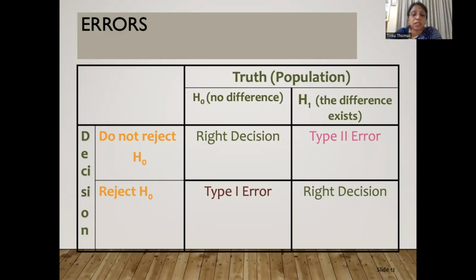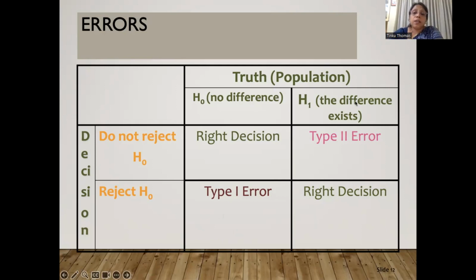And therefore, it appears as though they are very different, but in fact, they are not different. In this case, we are committing the type 1 error. The type 1 error is when in truth they are the same, but we are concluding by just examining the data that they are different. And that is a type 1 error.